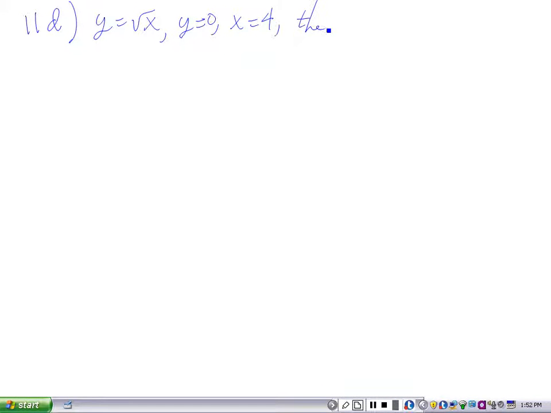Rotate this about the line x equal to 6. So we draw this out. Now the curve, it only goes up to x equal to 4. But you want to rotate this about this guy here.